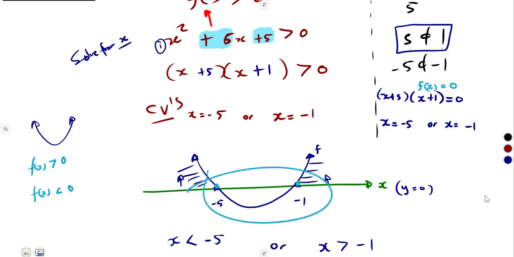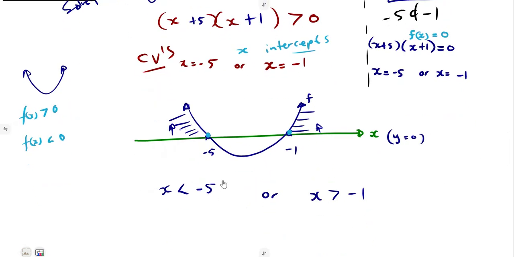Those are the ones that you're saying are your critical values. So what is important is for you to note what the x-intercepts are. This is the major case. What are the x-intercepts? Then you compare from those x-intercepts according to the question. If f of x is greater than 0, you look above the x-axis.